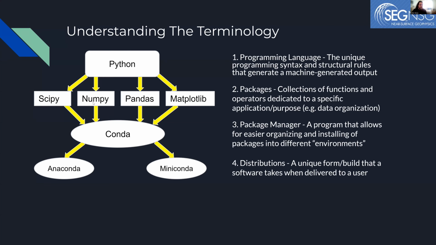You have NumPy, which allows you to do more complicated or high level numerical functions and mathematical operators. You have matplotlib, which allows you to work more on the data visualization part of it. So a package is really just a collection of Python functions and operators that allows you to do something specific.